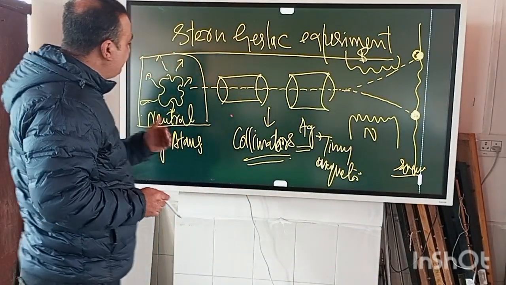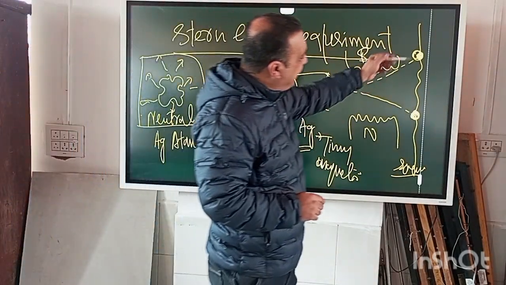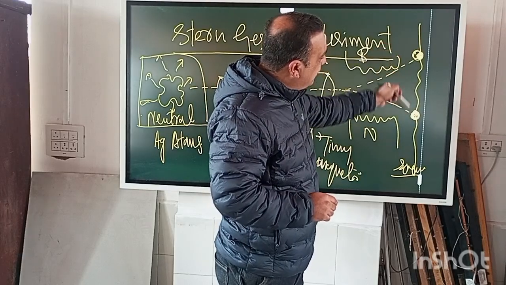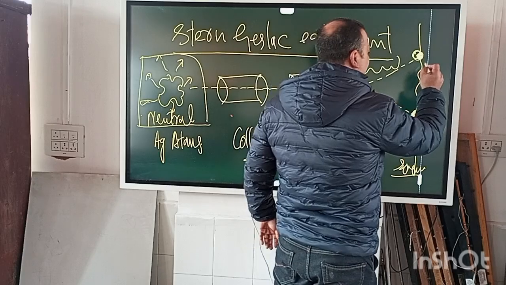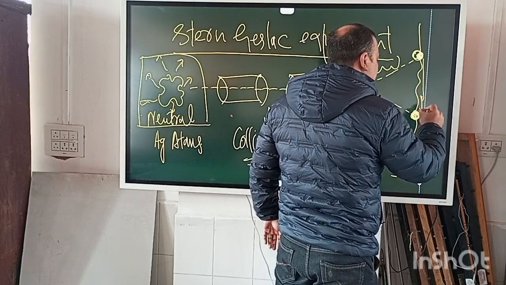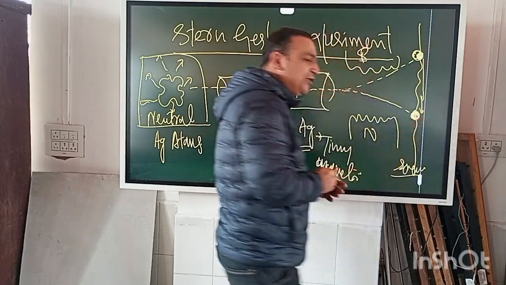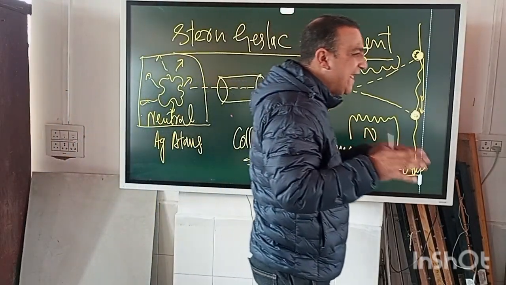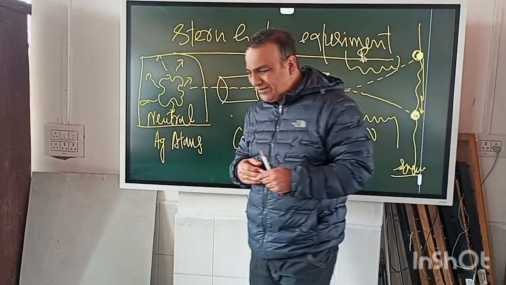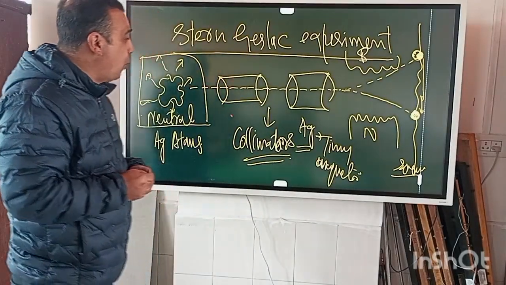So what we are seeing here is two portions, and between the two portions we have a distance. Between the two portions, the silver atoms do not hit the screen at all. Now, what does it mean literally? What's going on?